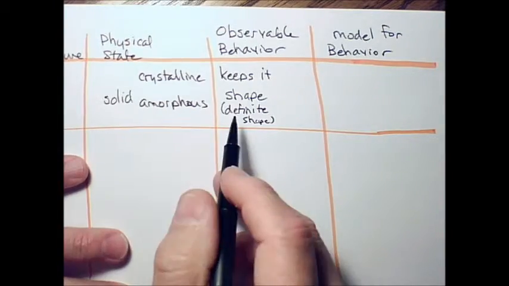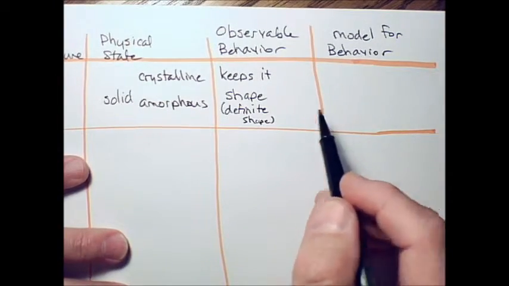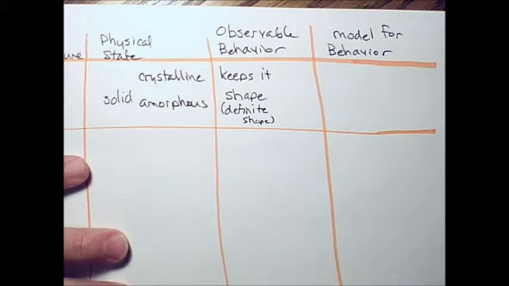You need to know about this thing called the model and what that means. So what model for the behavior allows solids to keep their shape? Particles that wiggle around. Well, that's not the whole thing. They do wiggle around, but the more important thing is they stay in place relative to each other. Otherwise, they wouldn't be a solid.